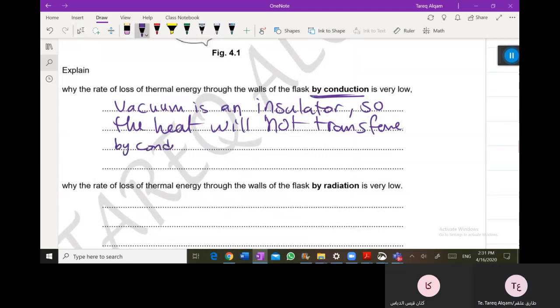Because there is no medium or molecules to transfer the heat. Is that clear how we write the answer?